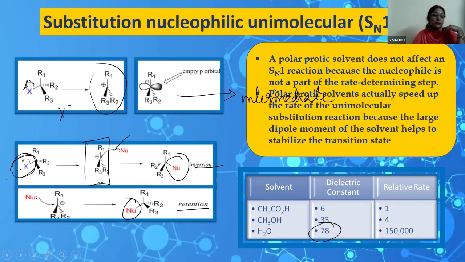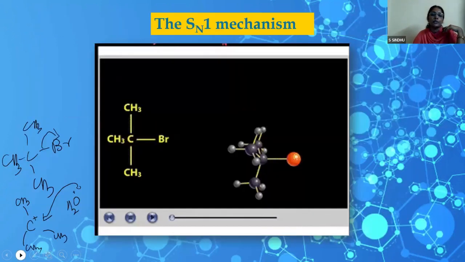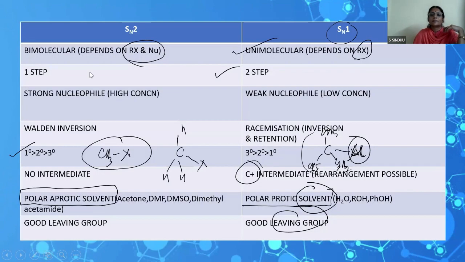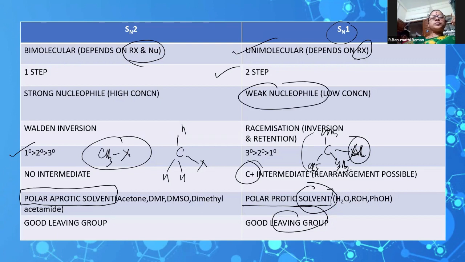Then the nature of the nucleophile that we require in SN1, what is it? A weak nucleophile. Water is a weak nucleophile. That is enough to attack the species because it is forming a carbocation intermediate and then attacking.